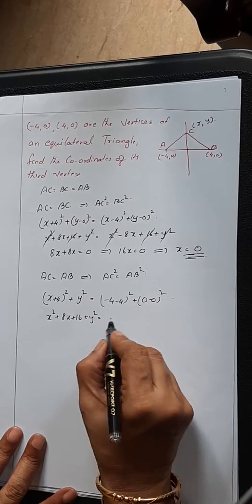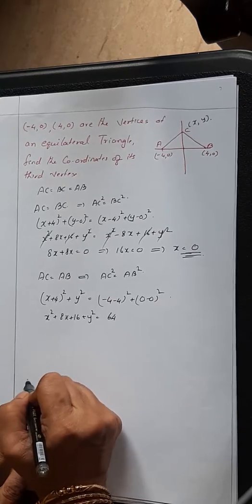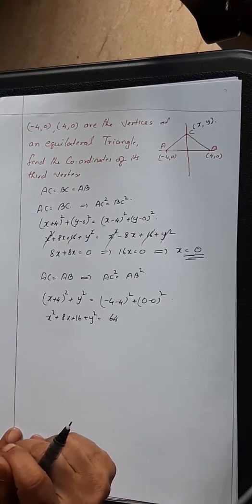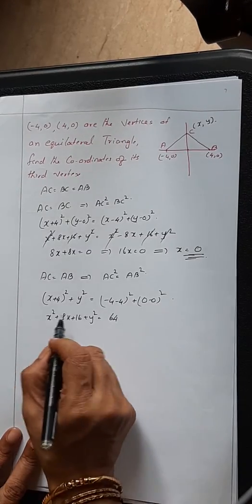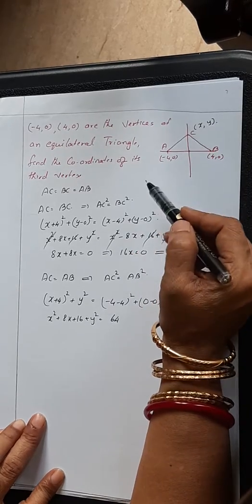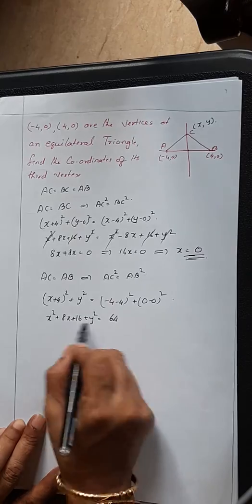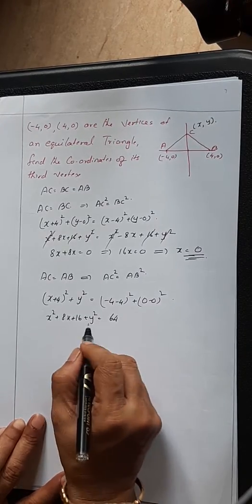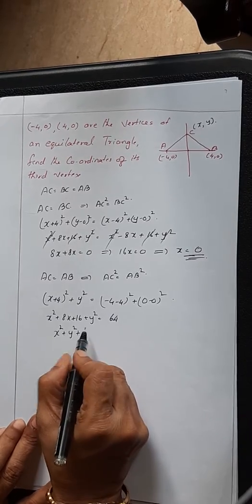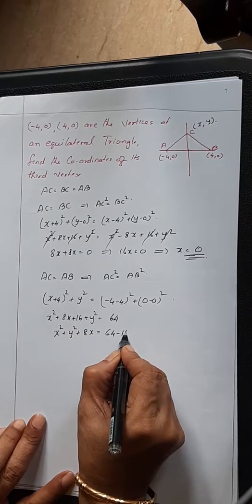So this is minus 8, so 64. So this is x squared plus y squared plus 8x is equal to 64 minus 16.